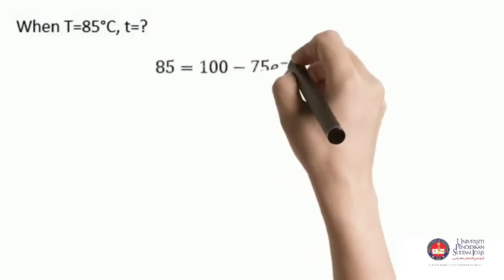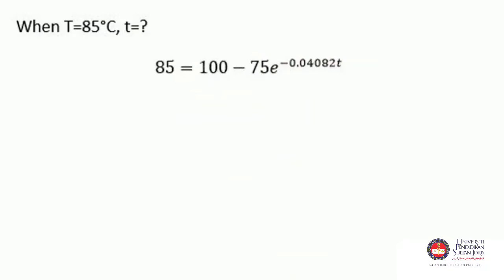So, the question asks us to find the time when the metal bar reaches 85 degrees Celsius. We substitute the value of temperature into our equation and we get 85 equal to 100 minus 75 times e to the power of negative 0.04082t.